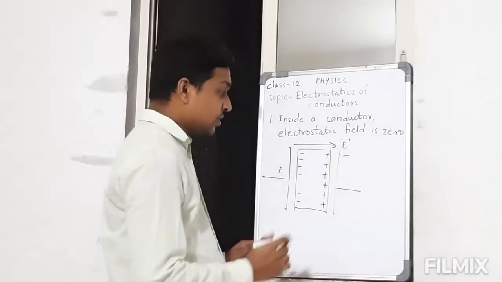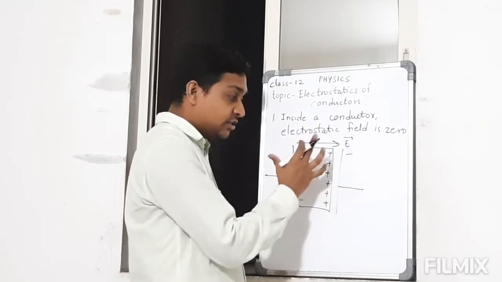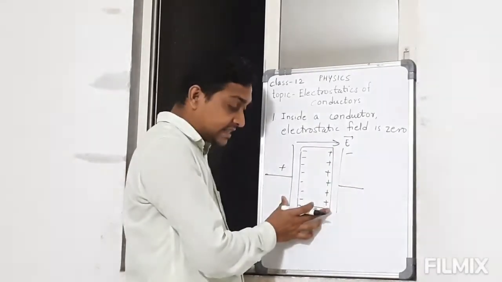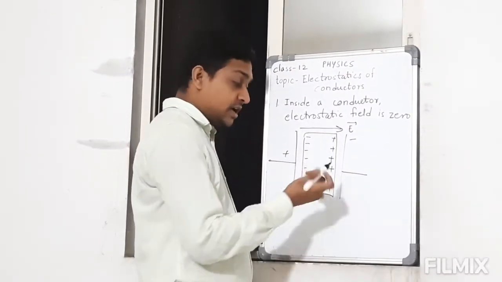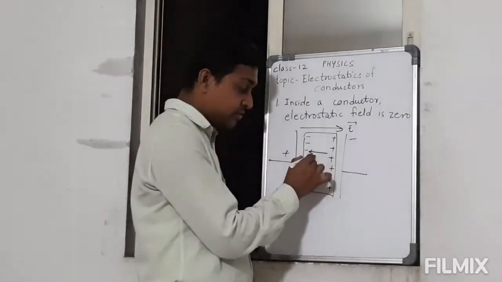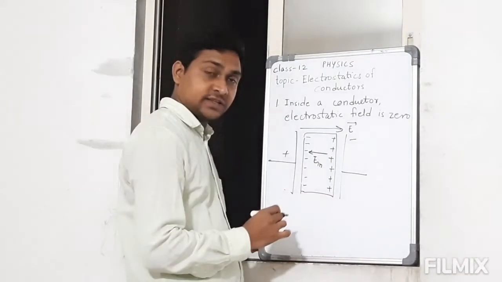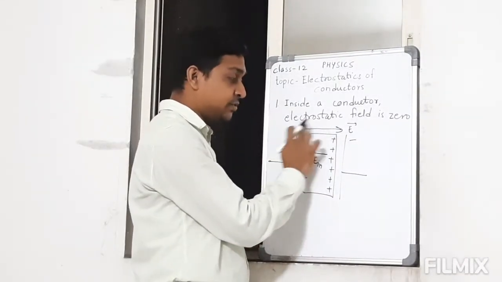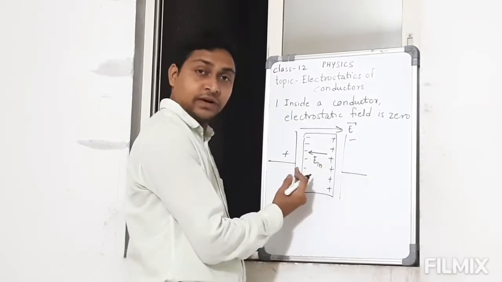So when an external field is applied, because of that external field, inside the conductor a field is induced, from positive to negative, so E induced is in the opposite direction. Electric field is from left to right, whereas induced field is from right to left.